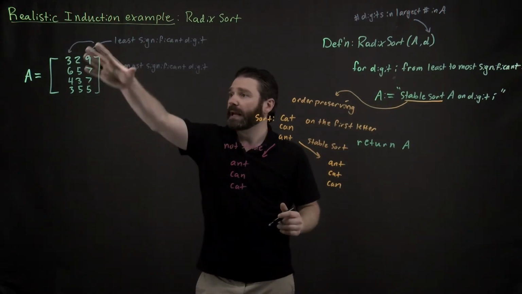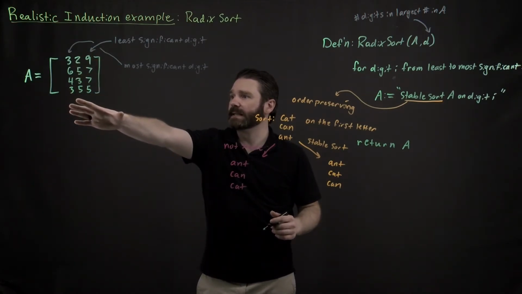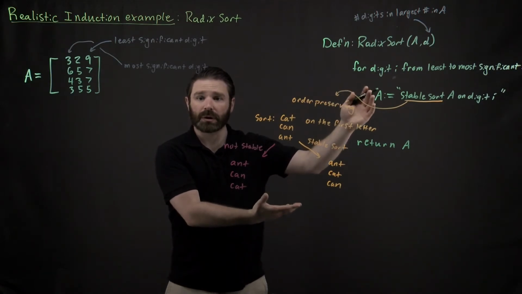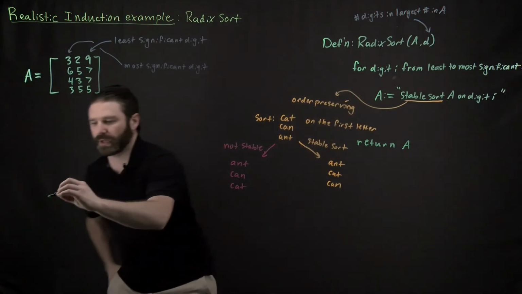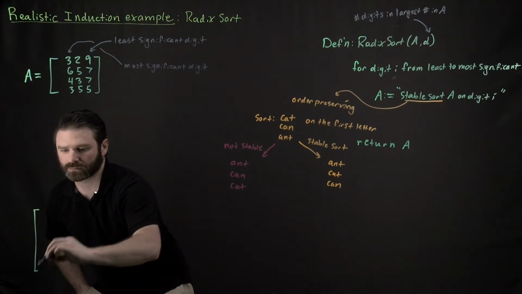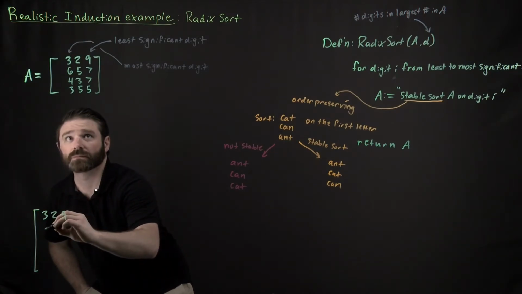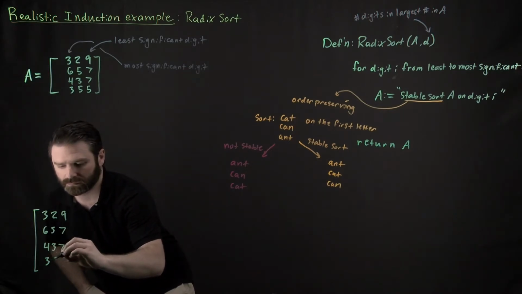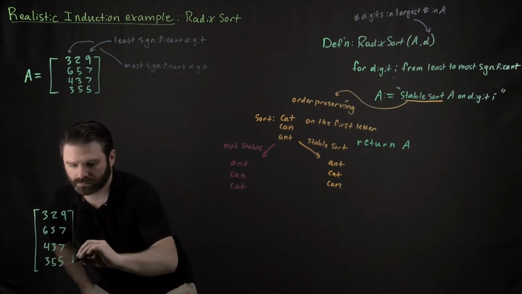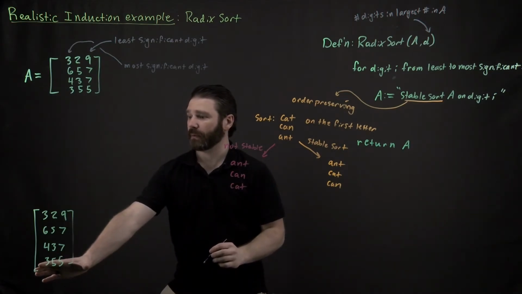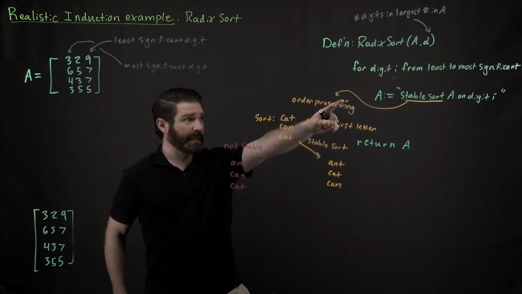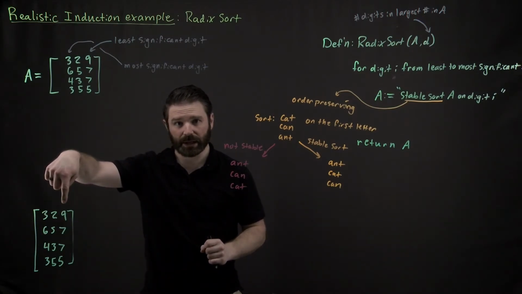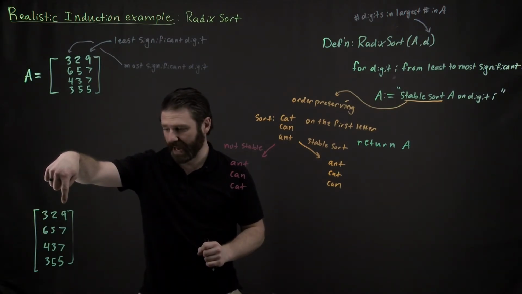So for example, in this particular instance of this array, let's go ahead and see what this radix sort would look like. We first start out with our array. And we're going to go from the least to most significant digit. So we start with the least significant digit, the very first one right here, and we're going to do a stable sort on that.